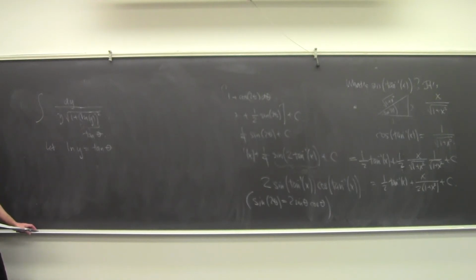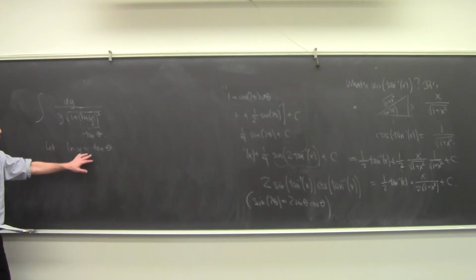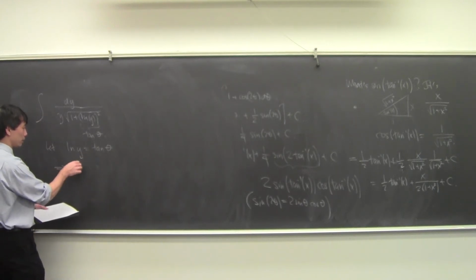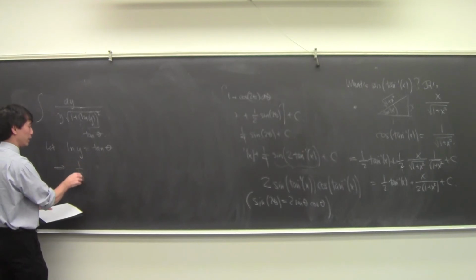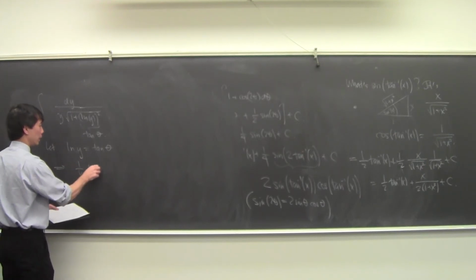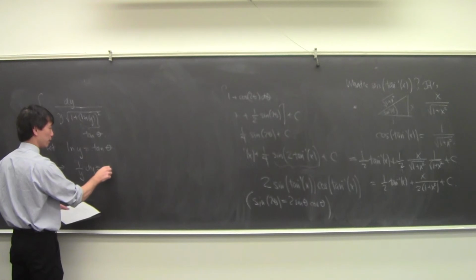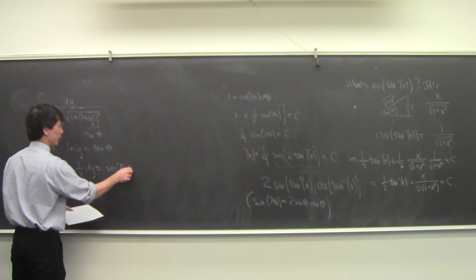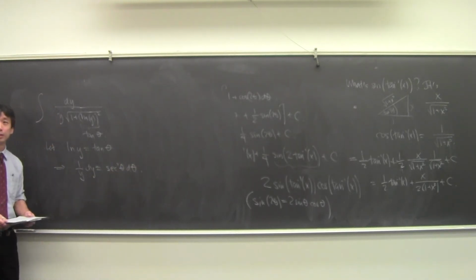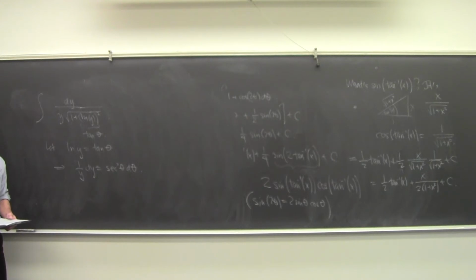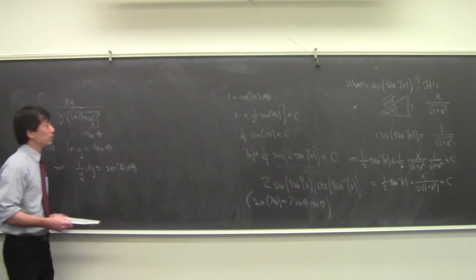Now we differentiate both sides. What do we get? 1 over y dy equals secant squared theta d theta. Which is great because we've got this dy over y here.